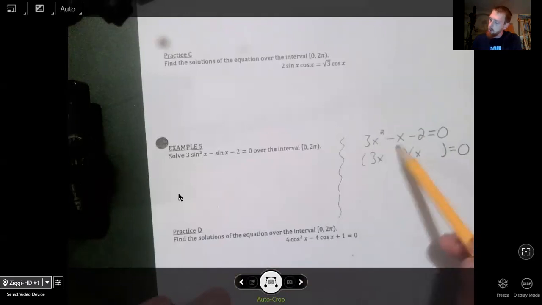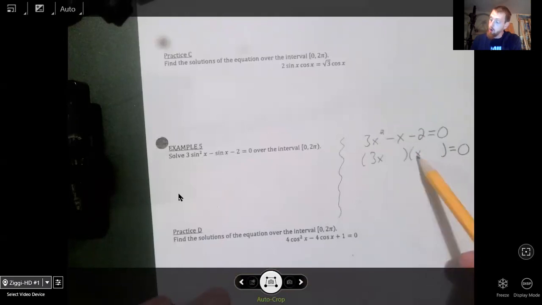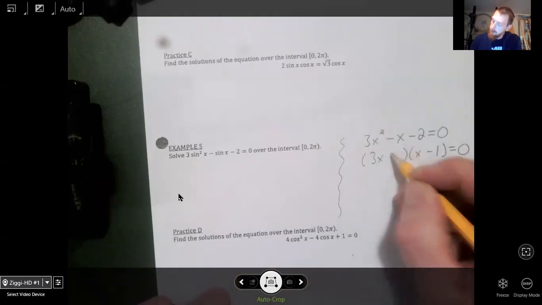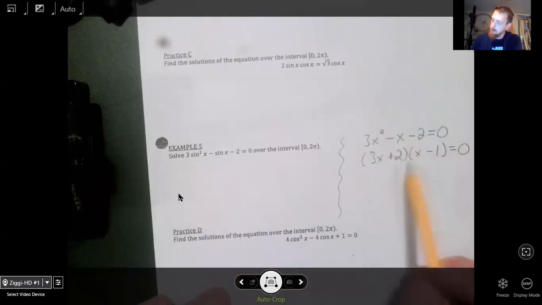Okay, so we want our sum to be -x whenever we add our inner term and our last term. So we can get a -3x out of 3x times -1. If we put a +2 right here, that would be 2x.